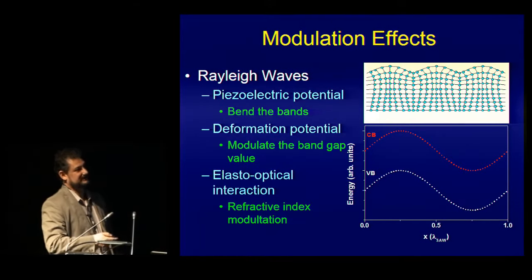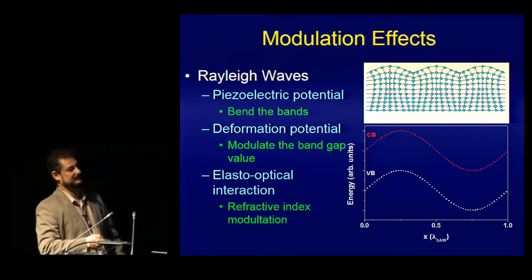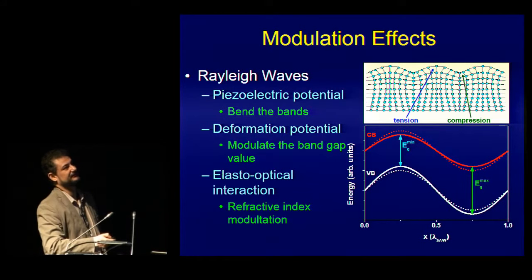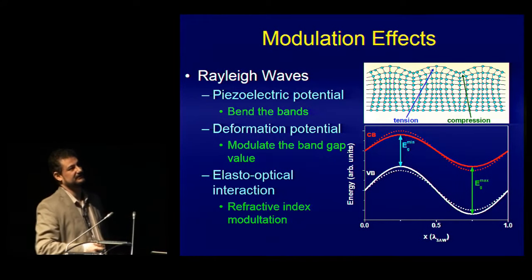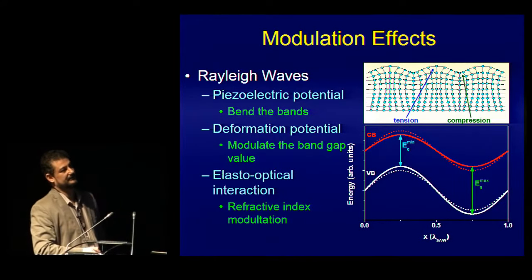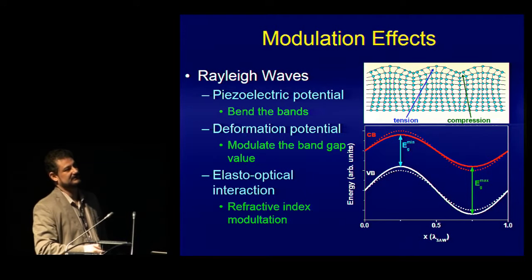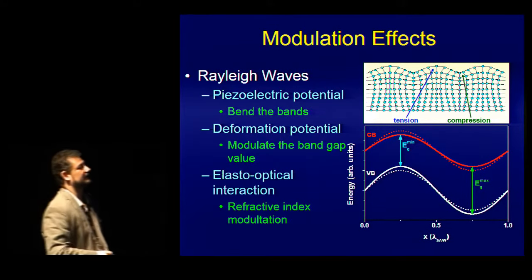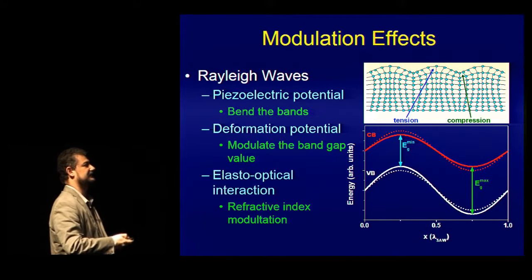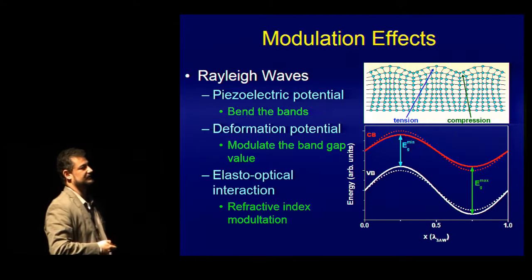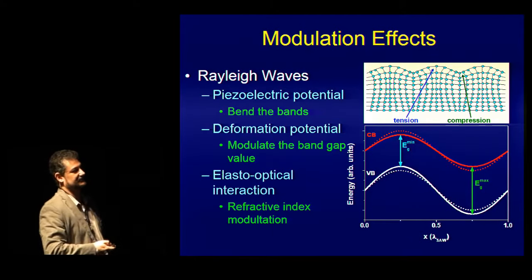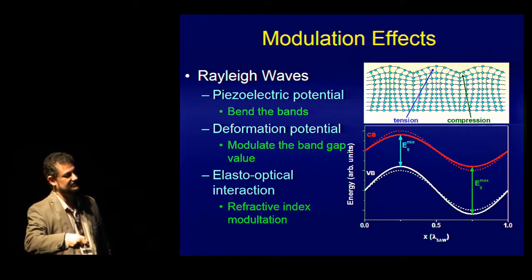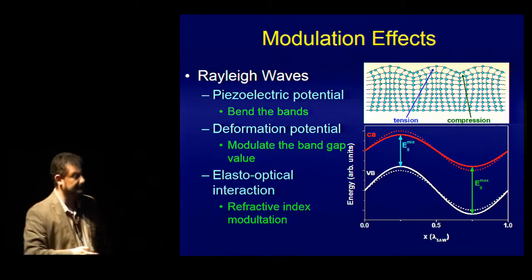But on top of that, there is the deformation potential, since we have regions of tension and regions of compression in our sample, the band gap of our semiconductors is also locally changed. So this is another effect that can be used. But in the case of photonics, probably the most important effect is that due to the elasto-optic interaction, we change the refractive index of our sample.